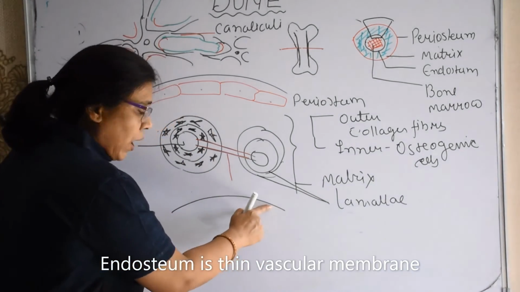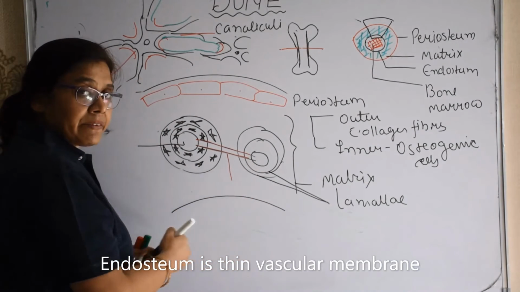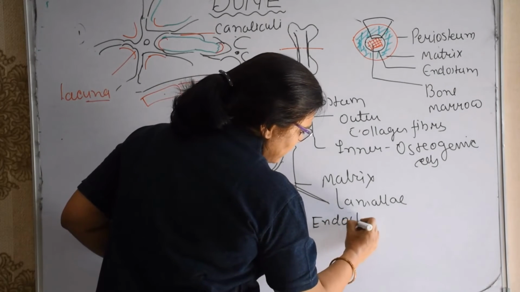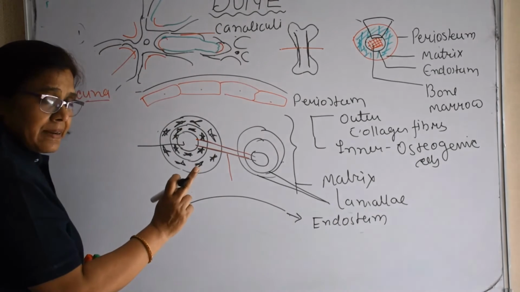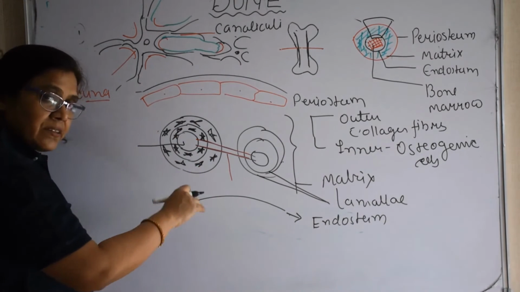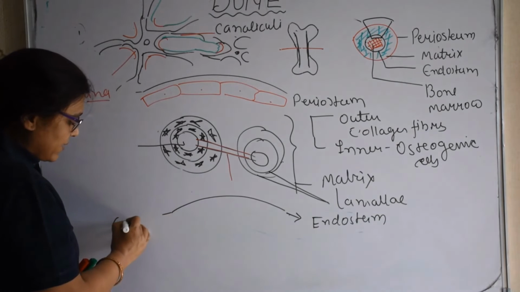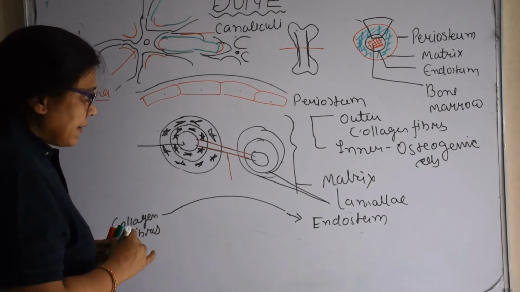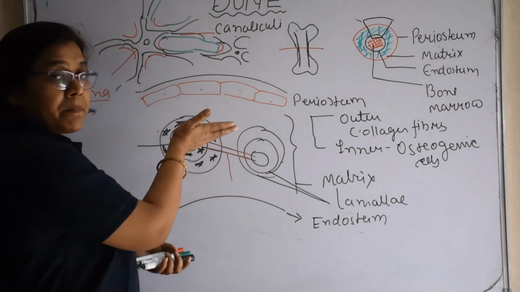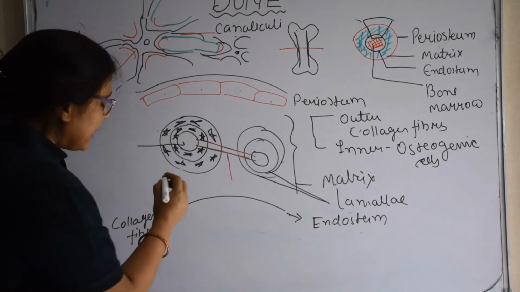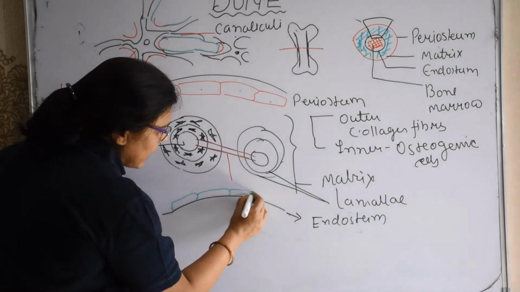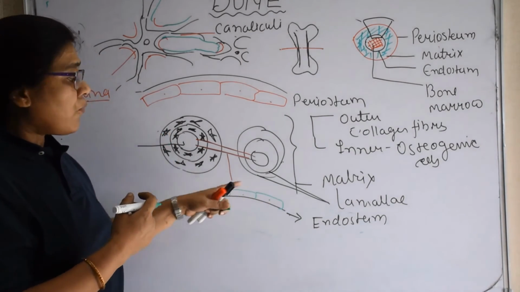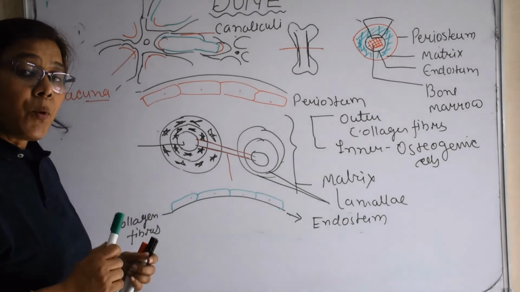The outer, which is towards the marrow cavity, is made up of collagen fiber. And the inner surface, which is towards the matrix, has a single line of osteogenic cells. These osteogenic cells differentiate to form osteoblasts, which are bone forming cells.